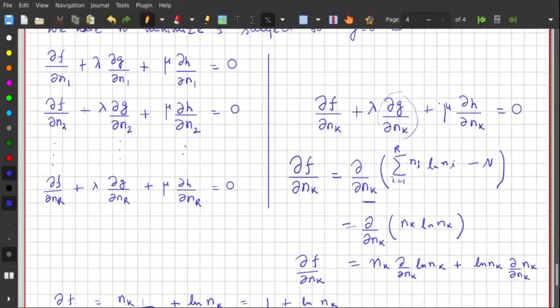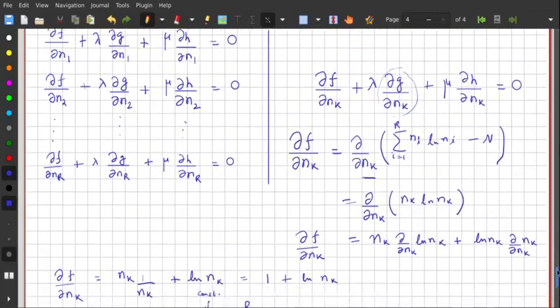Okay, so we have all these derivatives, and now let's combine them.